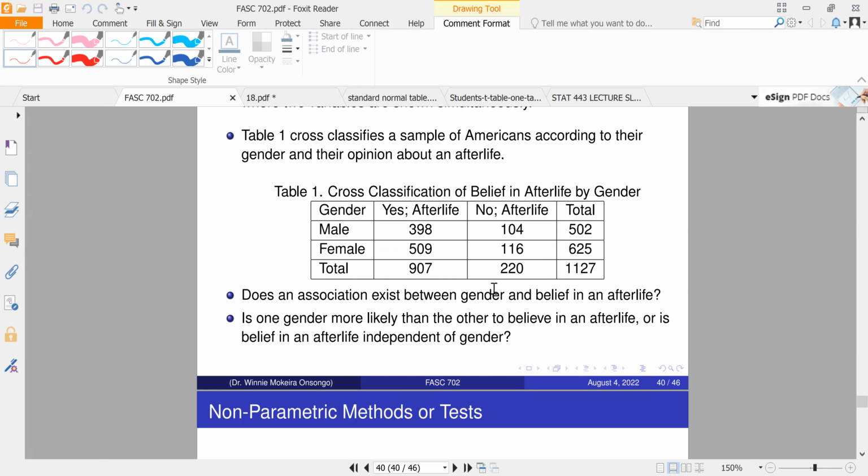If you have two categorical variables that are independent of each other, then you proceed to this. Remember the chi-square tests. The non-parametric chi-square test is used to test for independence or the degree of association. Now, once you are able to confirm that the variables are independent, then you can use the Wilcoxon rank sum test.